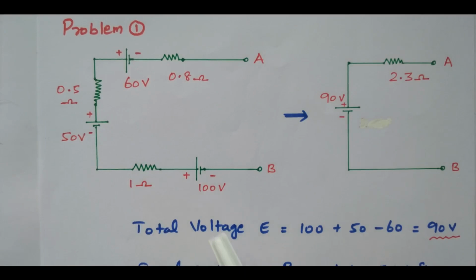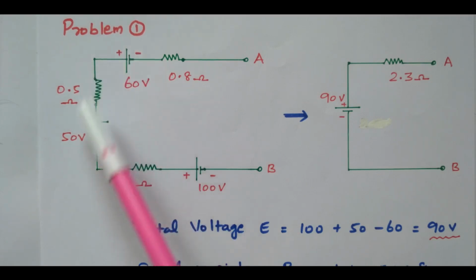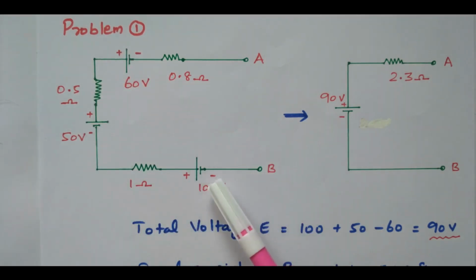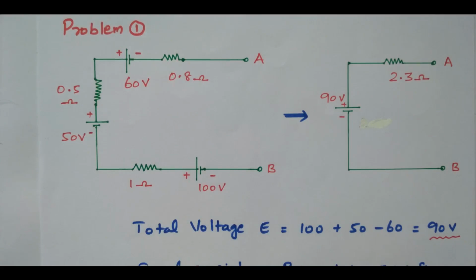We need to see the polarity. What is the polarity? See here, negative, positive. Here, negative, positive. So these are all connected in series. But while going to here, positive and negative. Right? The polarity has now changed. In series, we need to go like this: plus, minus, plus, minus, plus, minus, plus means it is connected in series. We can add these. These two are added together, 100 plus 50.